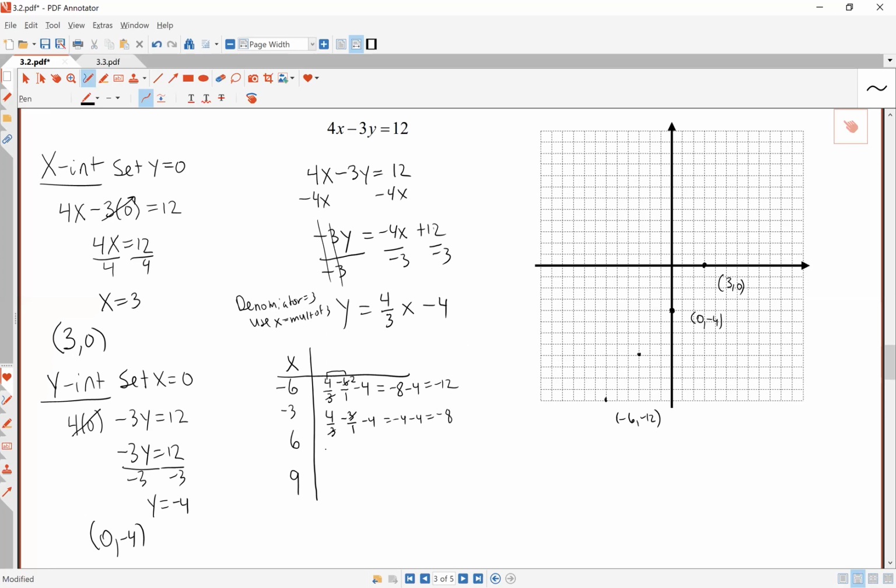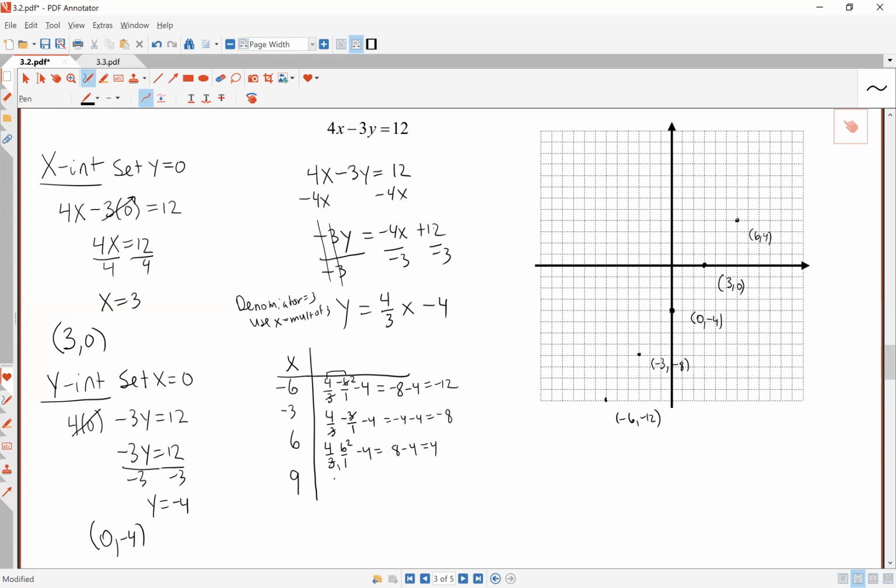We've got 0 already. We've got 3, so let's plug in 6. 4/3 times 6 over 1. 3 goes into 3 once, into 6 twice. 2 times 4 is 8. Minus 4 is 4. So we have (6, 4). And we can probably see the pattern of what's going on here.